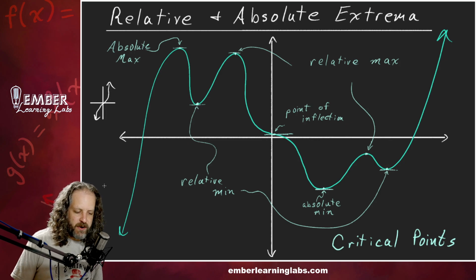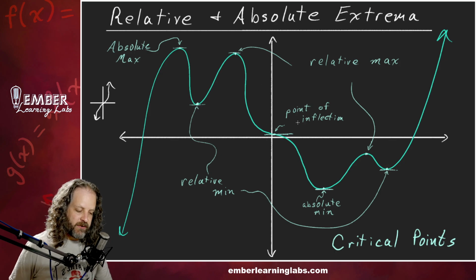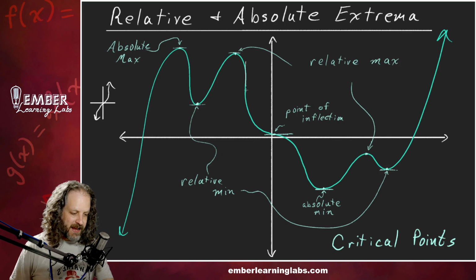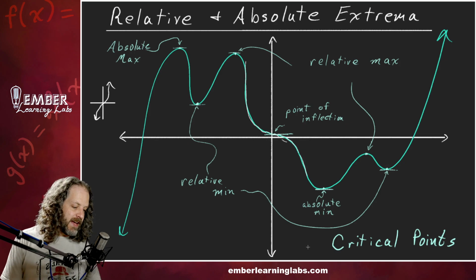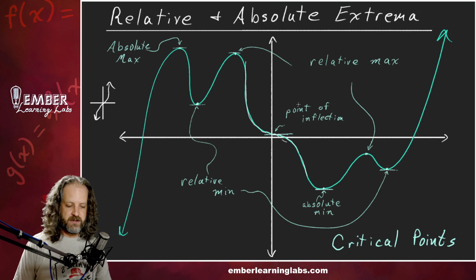So the point where it doesn't change the increasing or decreasing, but changes the feel, the concavity. So it's like a positive parabola, and at this point it changes to kind of like a negative parabola. It's still decreasing that entire time, but that's the point where it changes, okay?